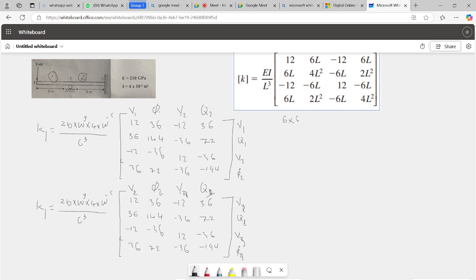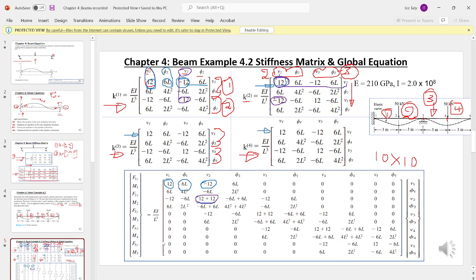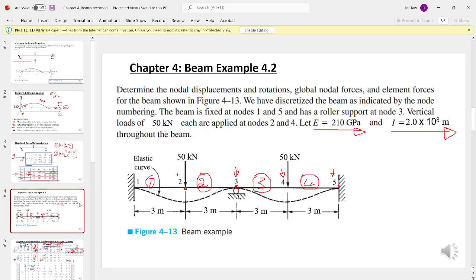To explain it clearly, let's look at the example that the lecturer did. Under this case, if we count the nodes, how many do we have, Mr. Kabamba? 1, 2, 3, 4, 5. This means that we are expecting a 5 by 5. Because it is a beam and it is having two components, the 5 here should be multiplied by 2, which gives a 10 by 10.